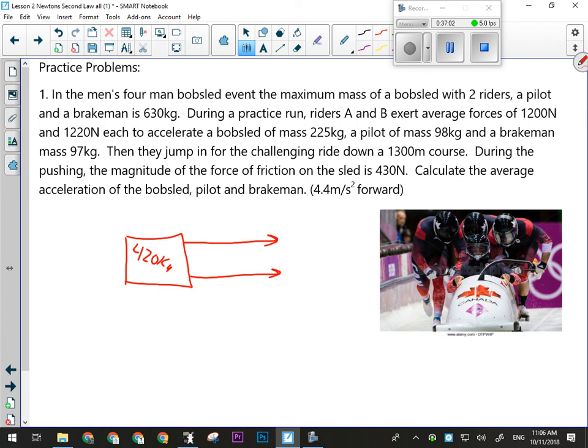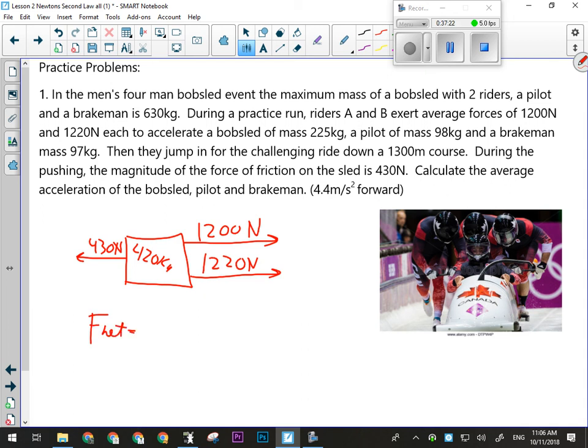So they've got guys who are exerting incredible forces of 1,200 newtons and 1,220 newtons. So extremely powerful. And then we have a force of friction acting backwards of 430 newtons. Now what we have to do is do our vector sum of all forces.